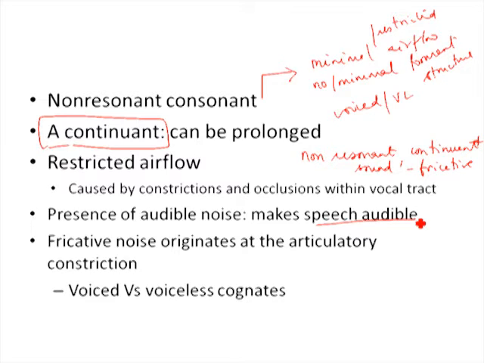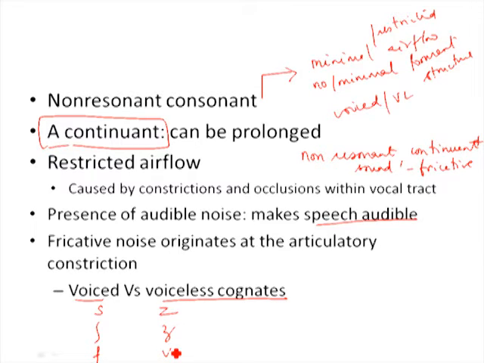See how the fricative noise that originates in the articulatory constriction has different sounding audible noises. It has voiced and voiceless cognates. So s, z, sh, zh, f, v.